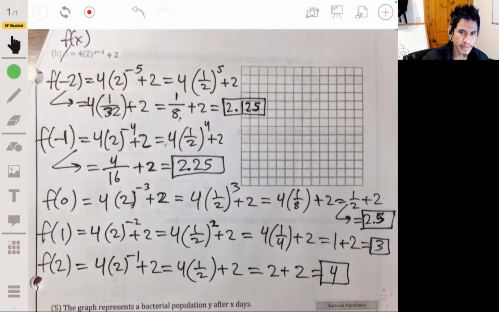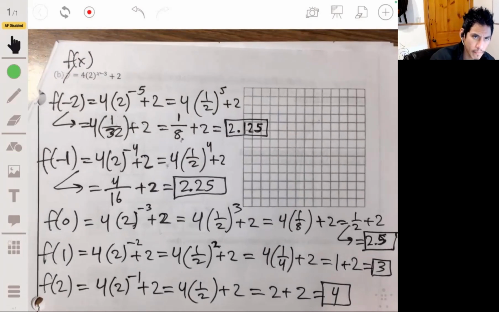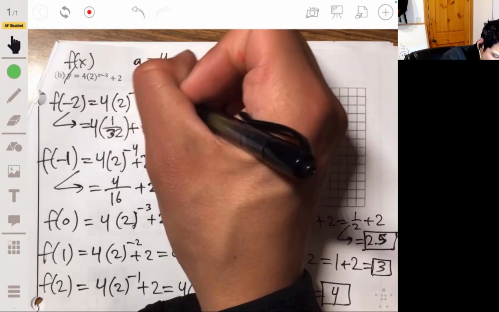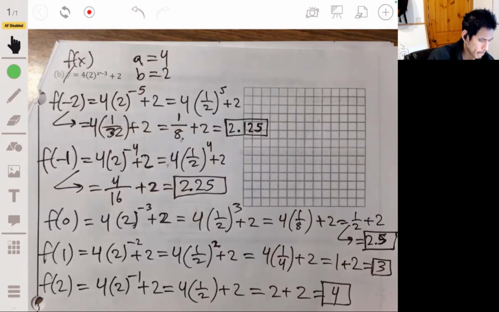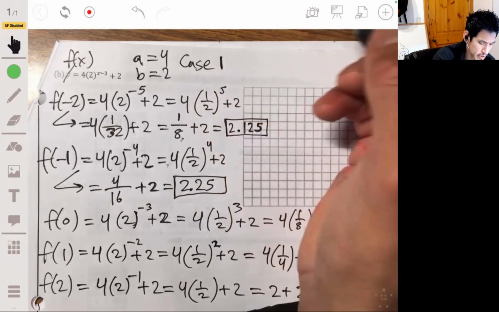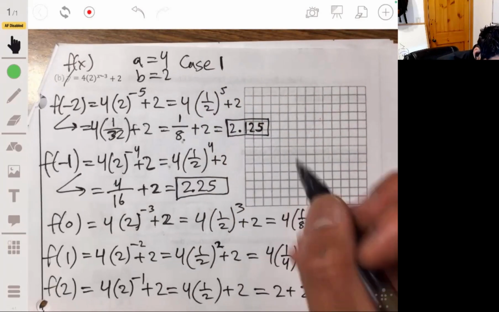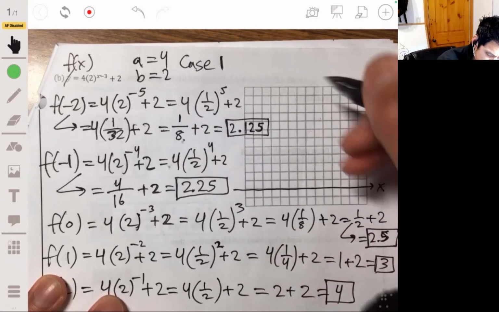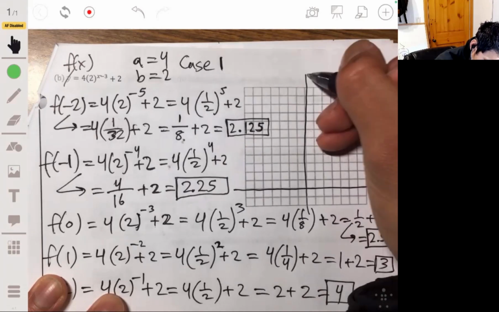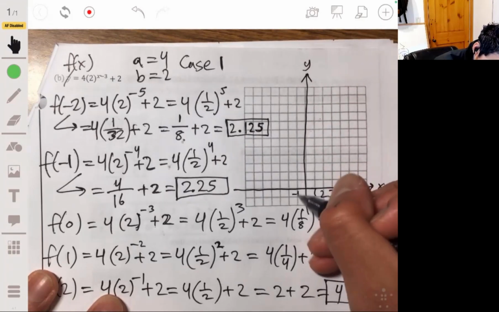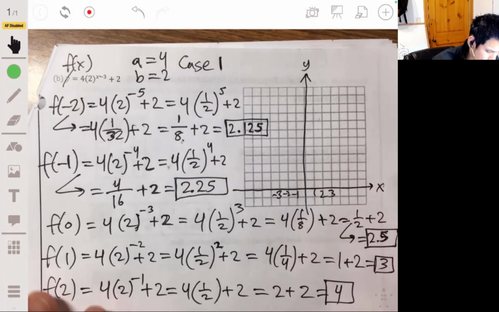And identifying our a and b values. a is 4, b is 2. And again, we have a case 1 situation. So keeping our y values above the x-axis. 1, 2, 3, negative 1, negative 2, negative 3.